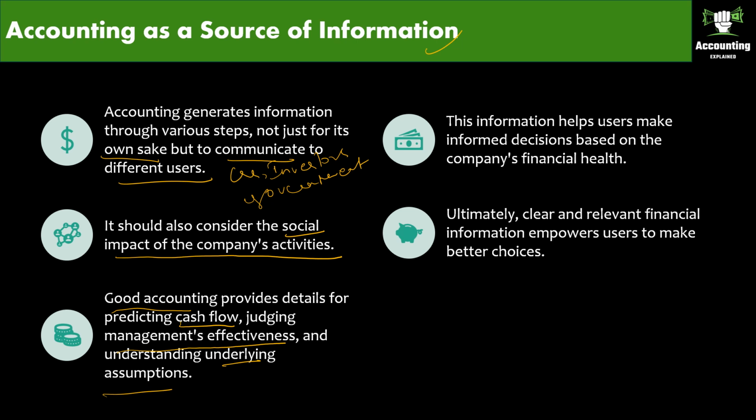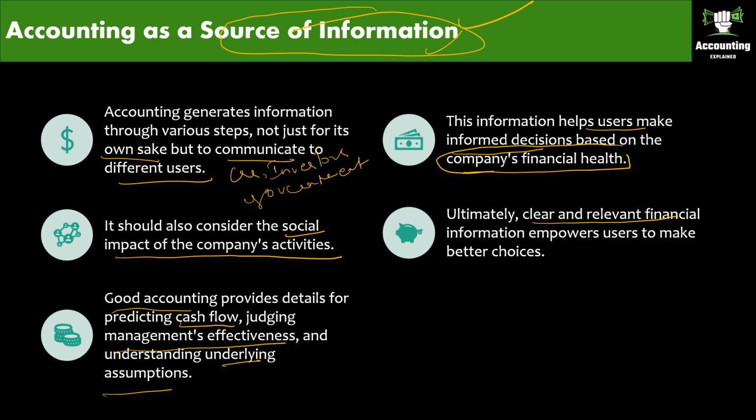This information helps users to make informed decisions based on the company's financial health. So the information given helps to decide on the actions to be taken according to the company's financial health. Whether the financial health is good or bad, accordingly they can take action based upon the accounting information we have received.